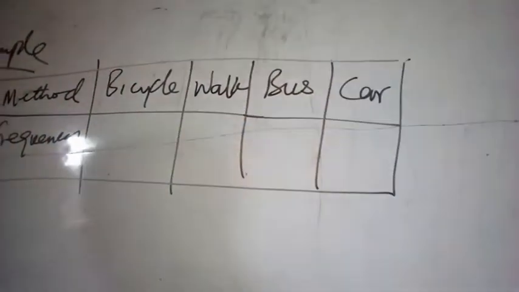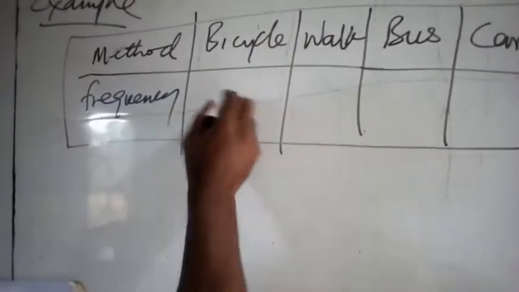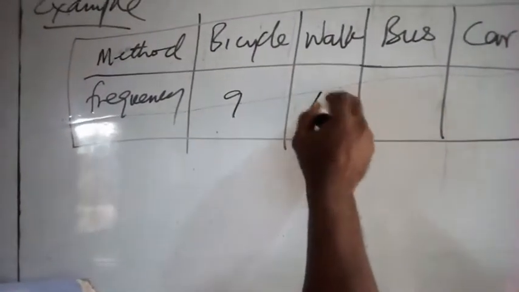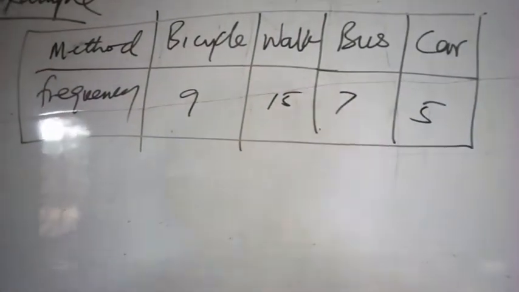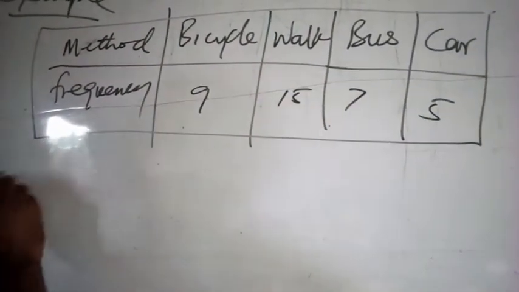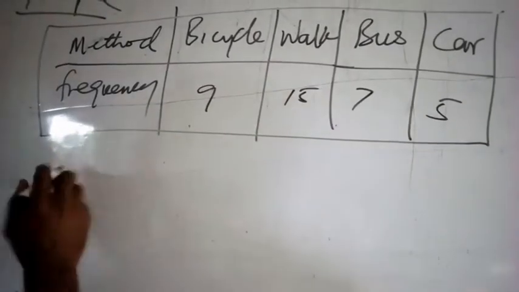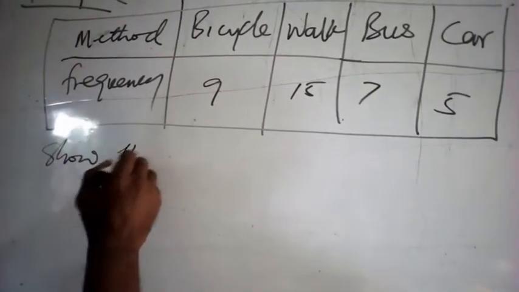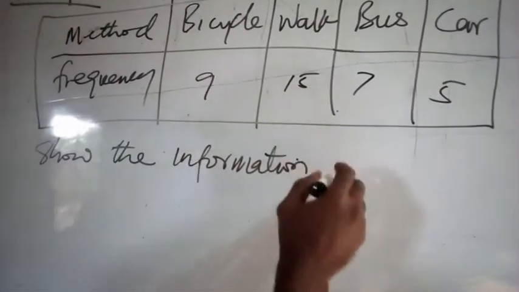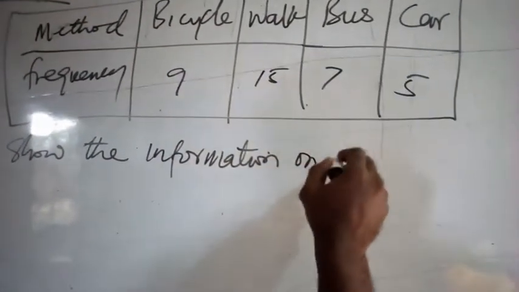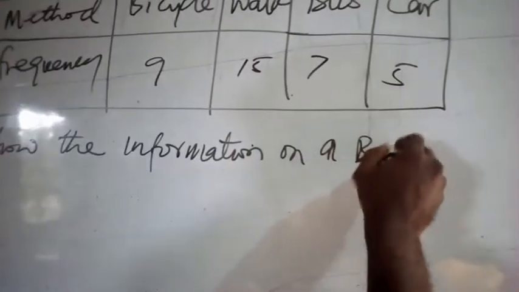Let us just use this for want of time. Now, we have this to be 9, 15, 7, and 5. You are asked to show the information on a bar chart.